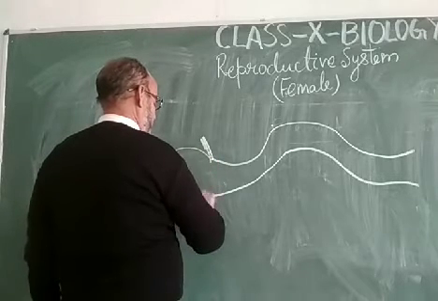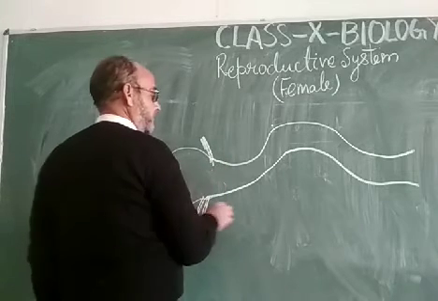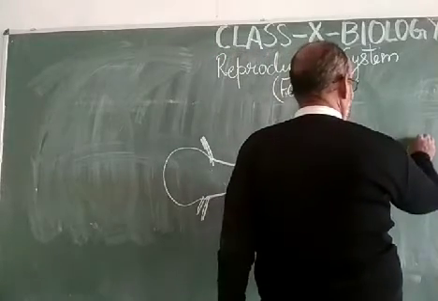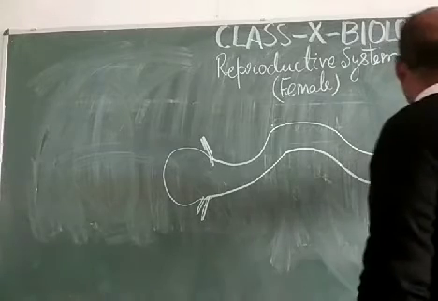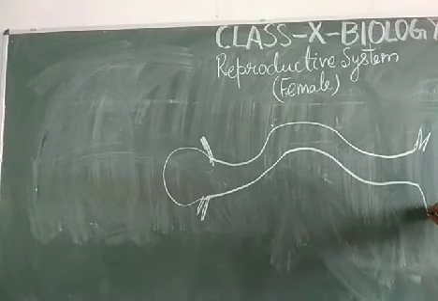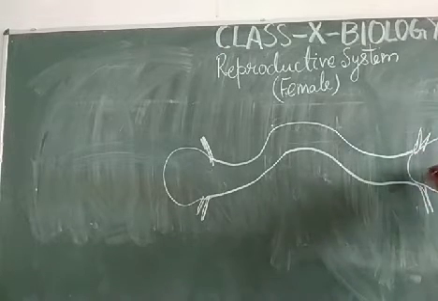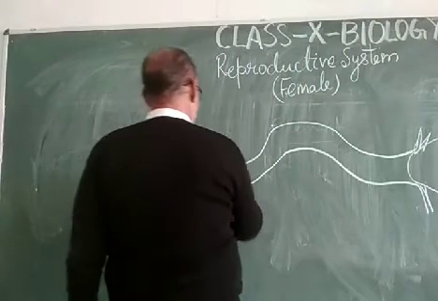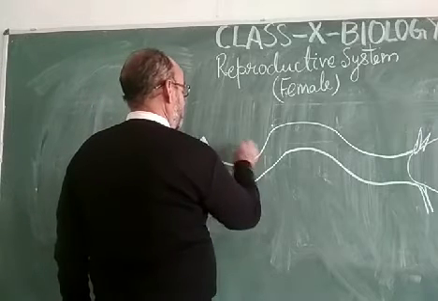This is the end part of the fallopian tube, which is carrying the ovary, and on the other side you see it something like this. These finger-like projections are present in the fallopian tube.